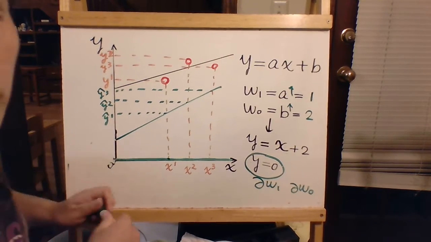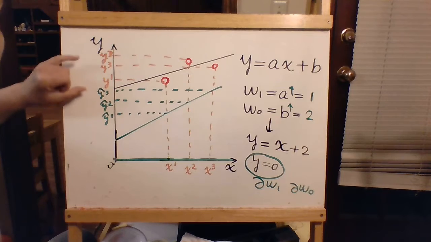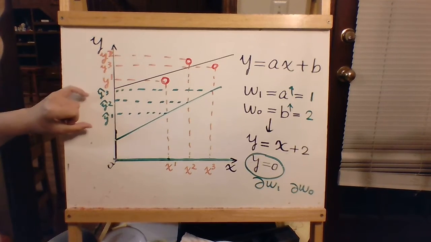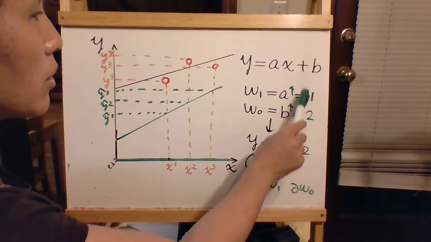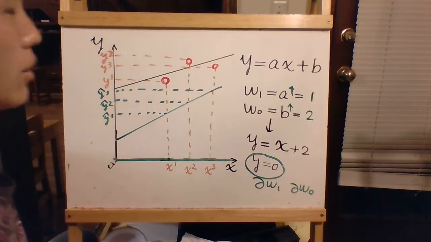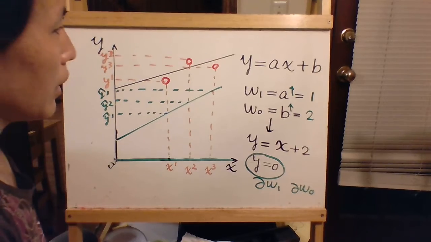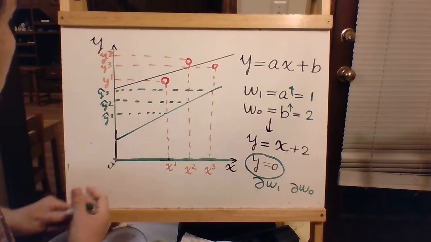Even though they're still sitting below the actual y values, they're much closer now. That means we have made an improvement. So the increase is good. We're making it better. But still, there's a gap there.